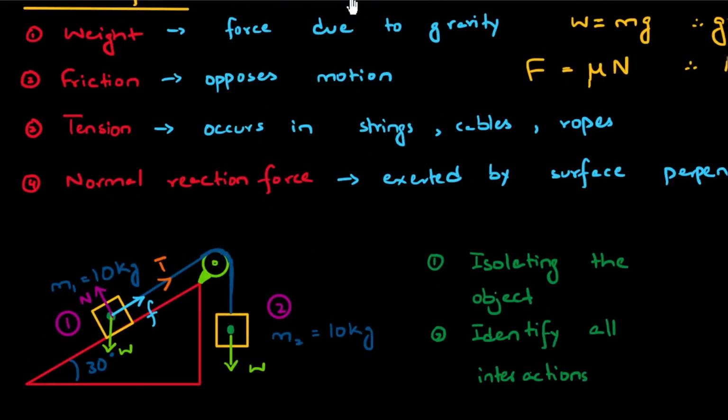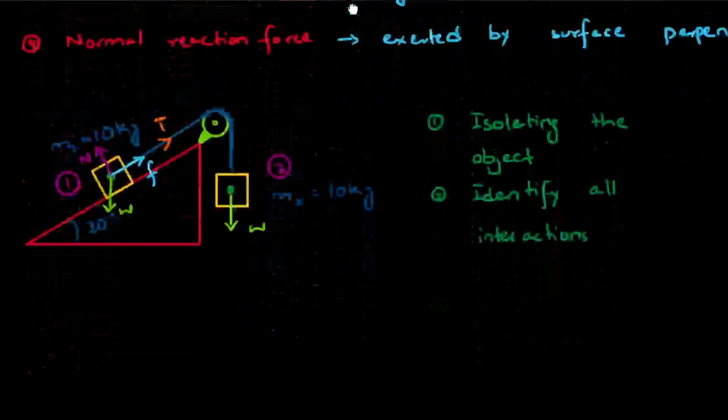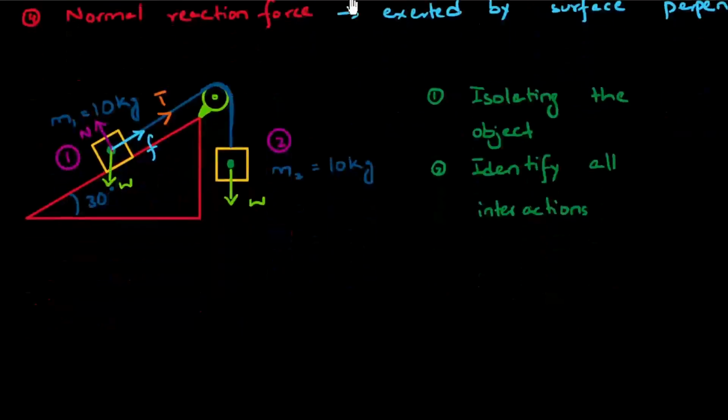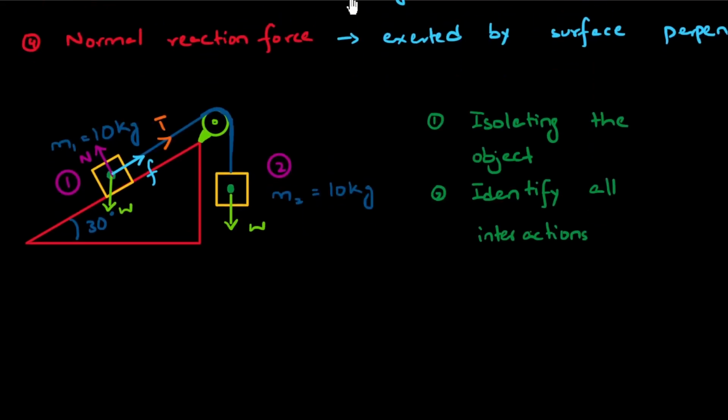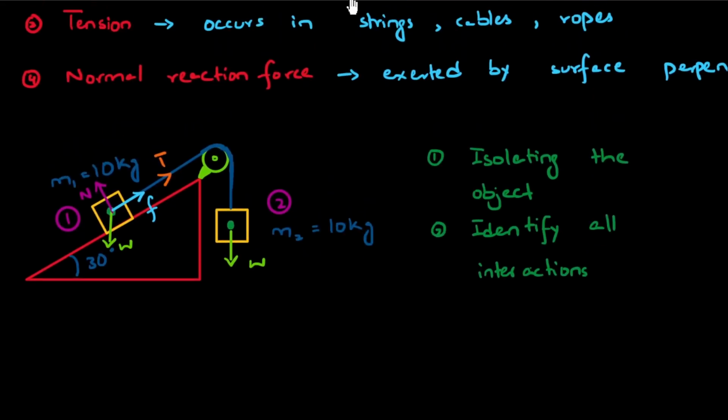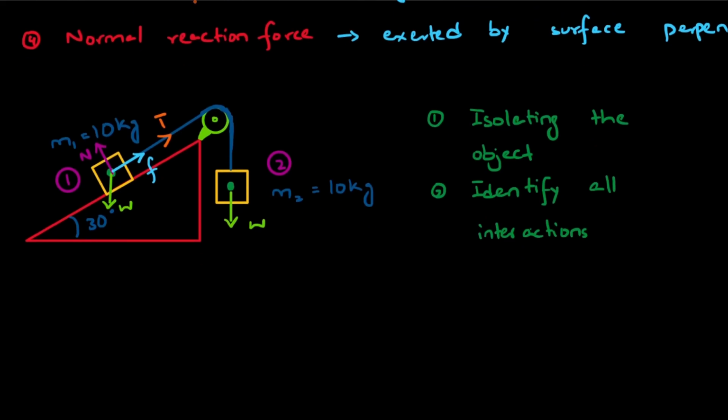That means friction and normal reaction force are out of the playbook now, which leaves us with tension. So is there a string, extended string, attached to this block? Yes, there is. And since tension is a force that always pulls away from the object, then it's going to be directed upwards in the opposite direction of the weight.